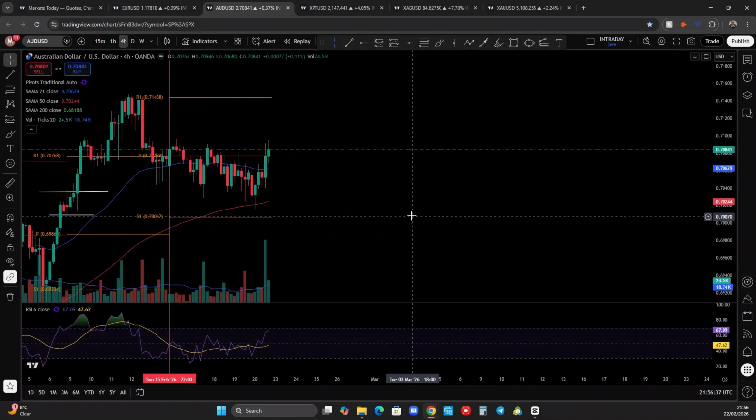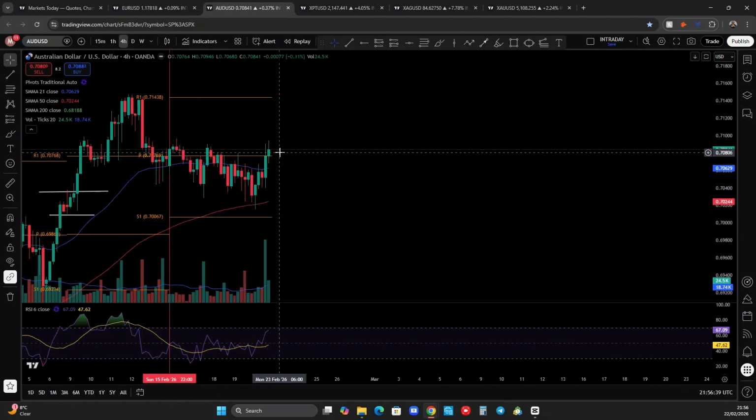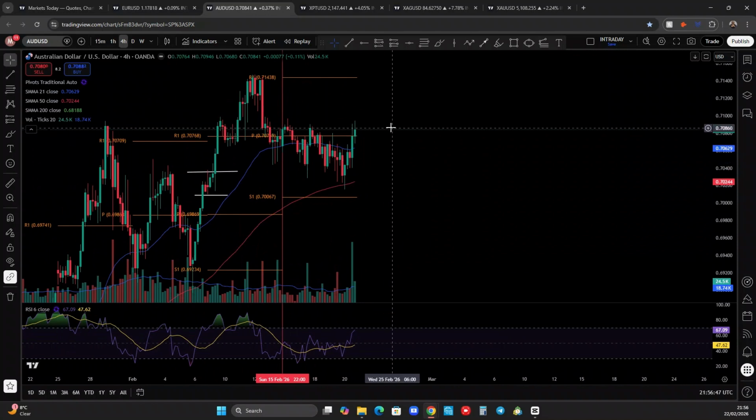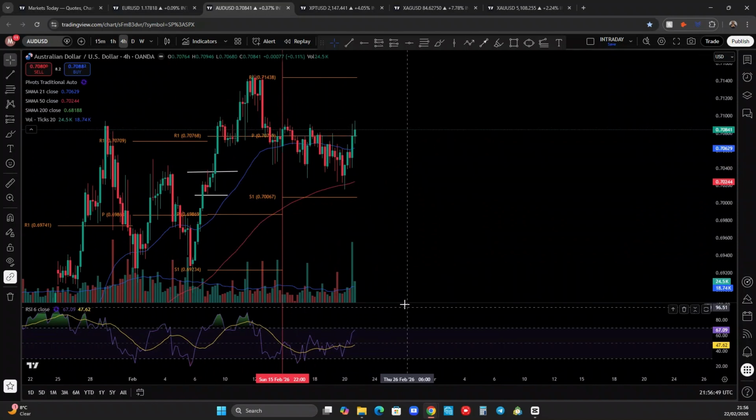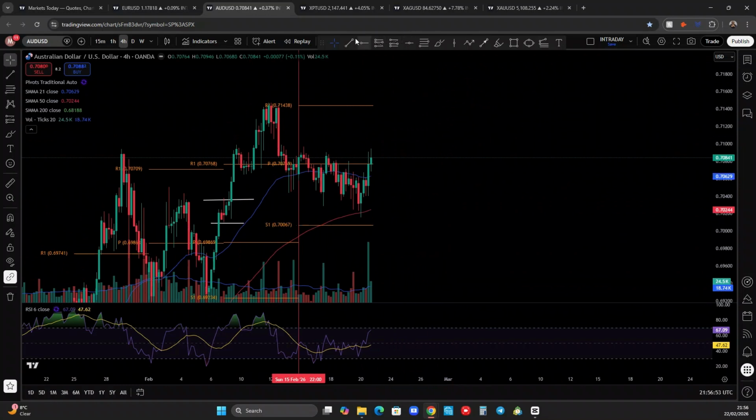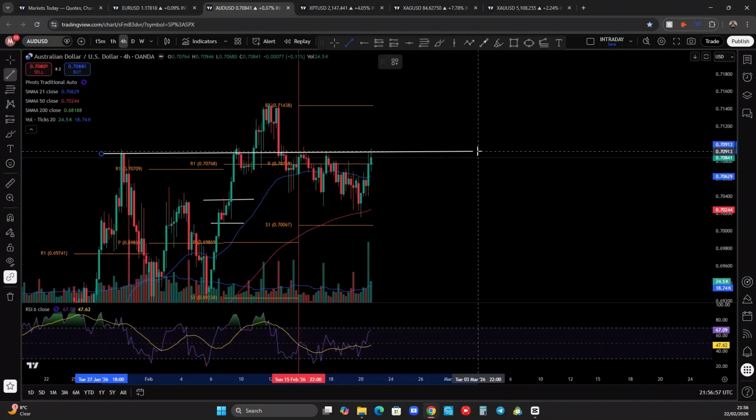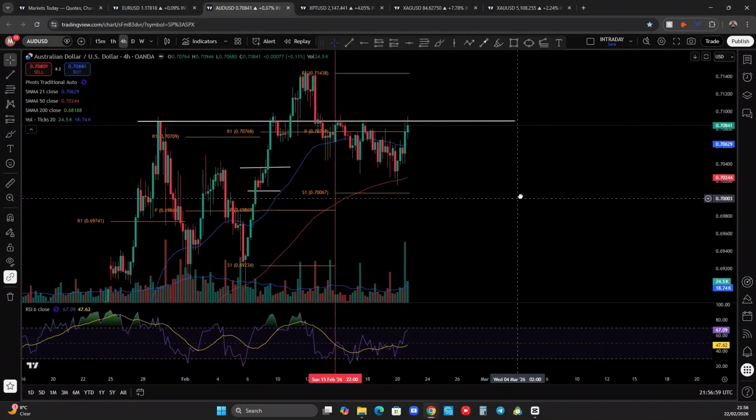It did break and close above the pivot line, but I still don't like it. So I'm expecting the market to pull back and continue to the downside. And then you can see here, this level is quite significant, right?